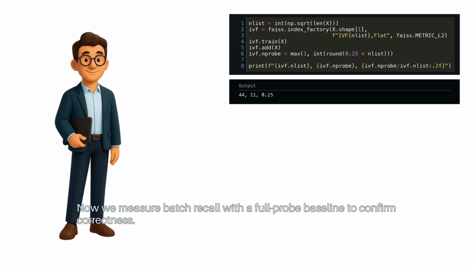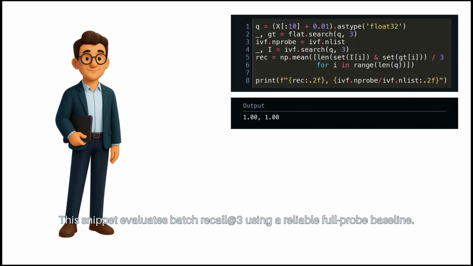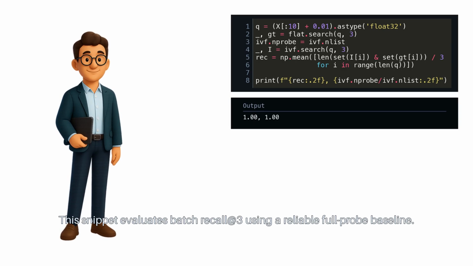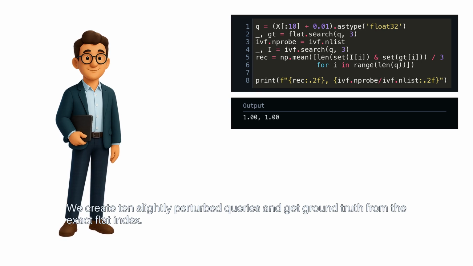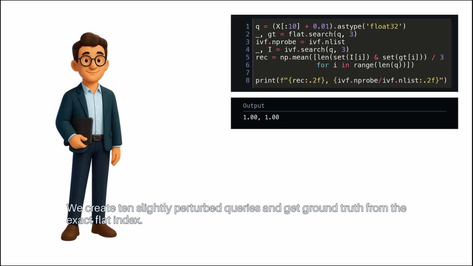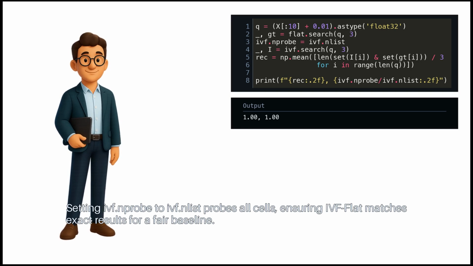Now we measure batch recall with a full probe baseline to confirm correctness. This snippet evaluates batch recall at 3 using a reliable full probe baseline. We create 10 slightly perturbed queries and get ground truth from the exact flat index. Setting IVF nprobe to IVF nlist probes all cells, ensuring IVF flat matches exact results for a fair baseline.